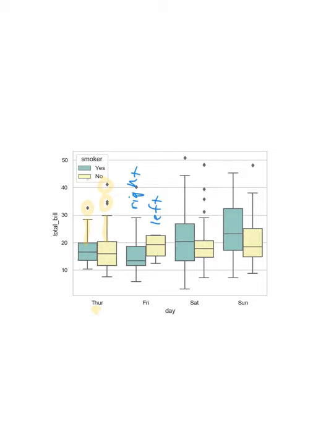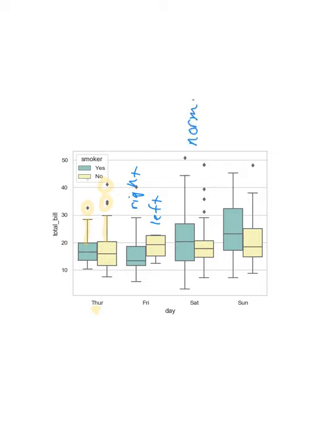Let's look at Saturday. On Saturday, it looks like there's a little bit of skew, but not really. The lines tend to be pretty long at the ends, and it's clustered together. If I were to describe these graphs, these would be normal distributions, for both smokers and non-smokers.